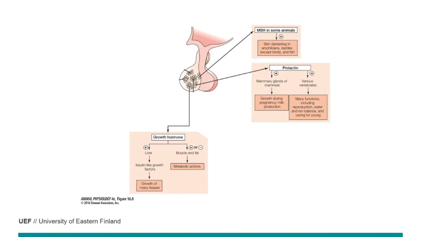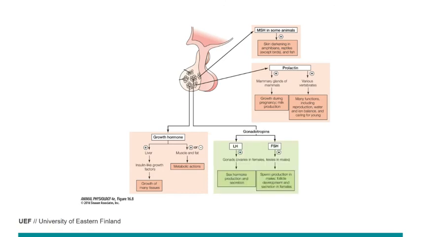But then we have these indirect effects. And one of the hormones that comes to mind in the anterior pituitary is LH and FSH, so luteinizing hormone and follicle stimulating hormone.